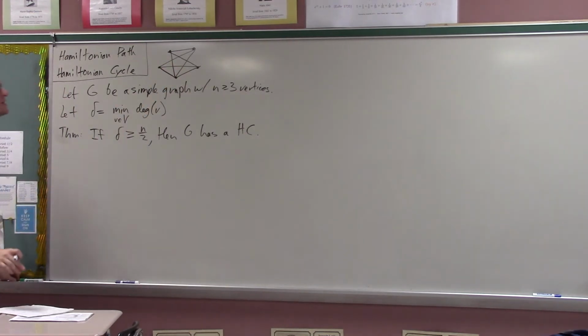This is a graph in which every vertex has degree at least half of the number of vertices in the graph. And is it clear that there just is a Hamiltonian cycle in this graph?